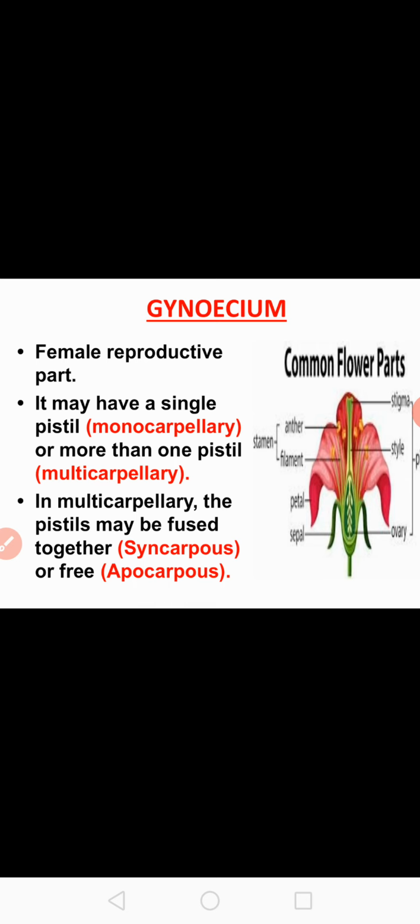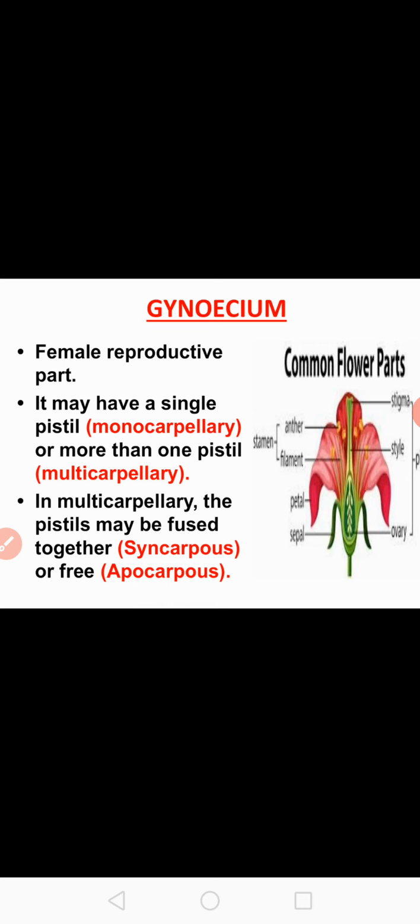If the flower contains a single pistil, then it is called monocarpellary. Multicarpellary means if more than one pistil is present.